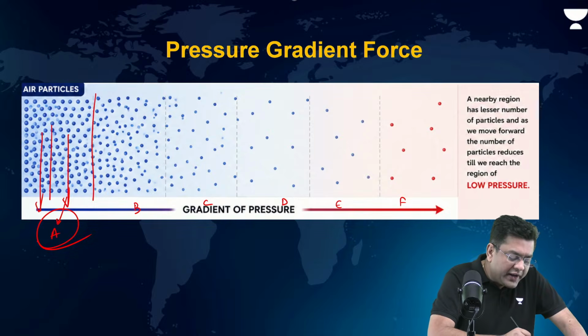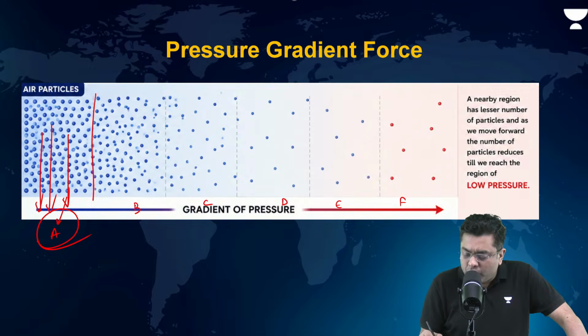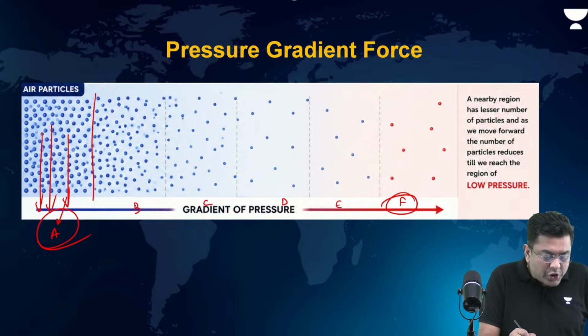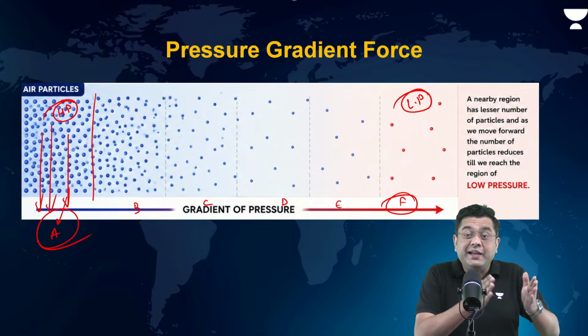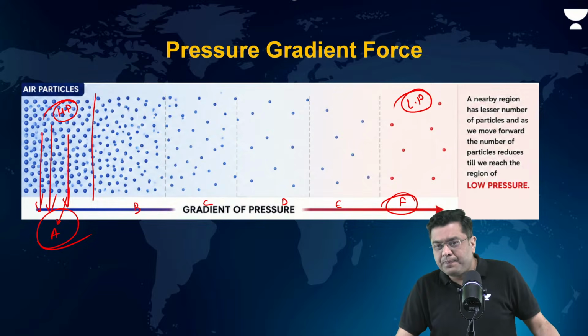All of them are going to exert their weight on the ground surface. Lowest pressure is going to be at the region of F. Least number of particles. Weight exerted is the minimum. So here you have the condition of very high pressure. Here you have the condition of extremely low pressure. This is a gradient of pressure, how the pressure is changing.